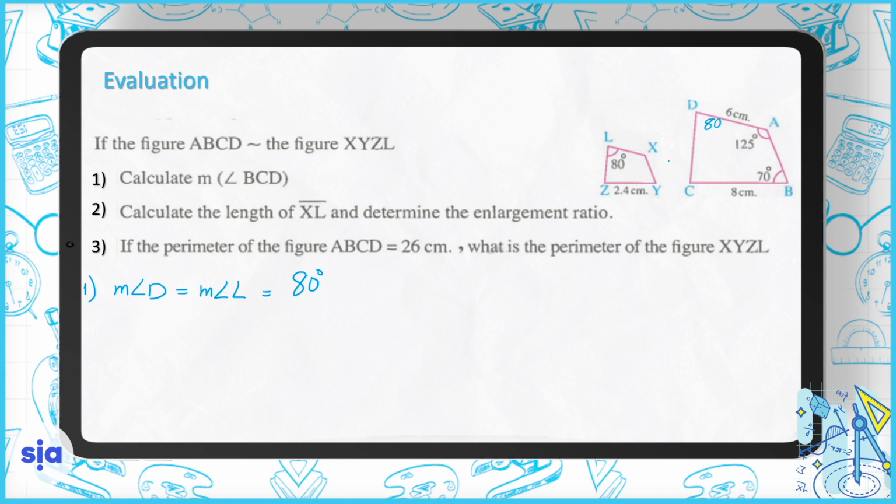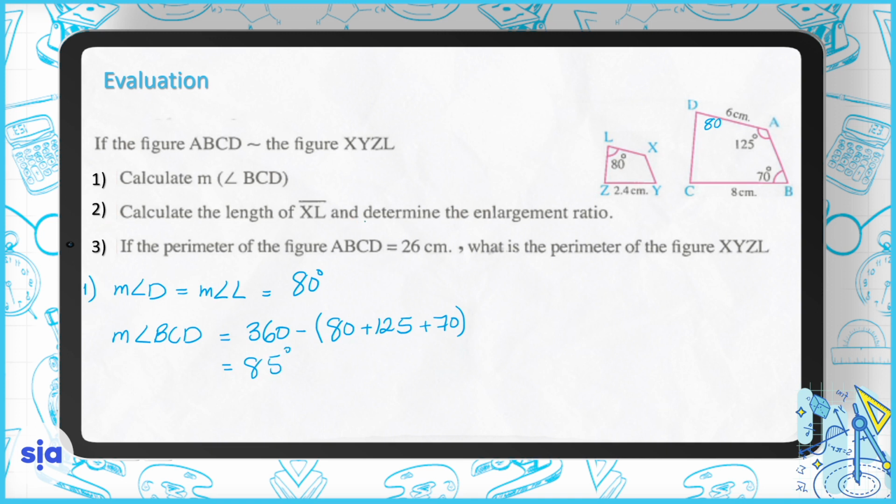As long as ABCD is a quadrilateral, the measure of angle C, or angle BCD, is 360 take away the sum of 80 and 125 and 70. So the measure of angle BCD is 85 degrees.